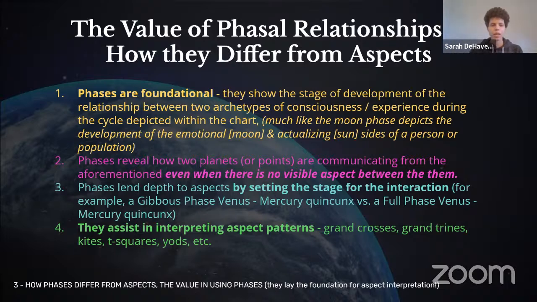Phases also reveal how two planets or points are communicating, from the aforementioned in number 1, even when there's no visible aspect between the two. So this is very valuable.